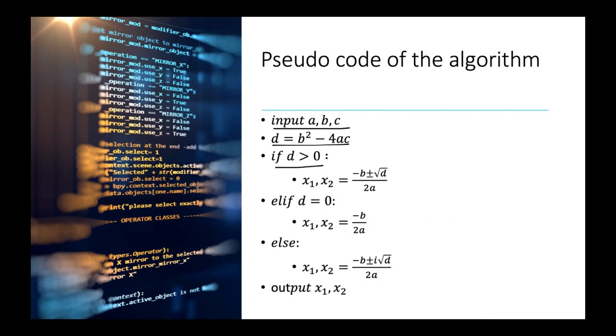If d is greater than 0, fine, then you have x1 and x2. If d equals 0, then this part is 0, right? So x1 and x2 are equal. And then if this part is less than zero, then you will have a complex number.